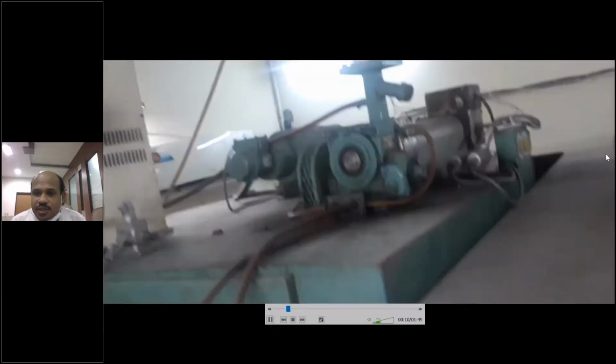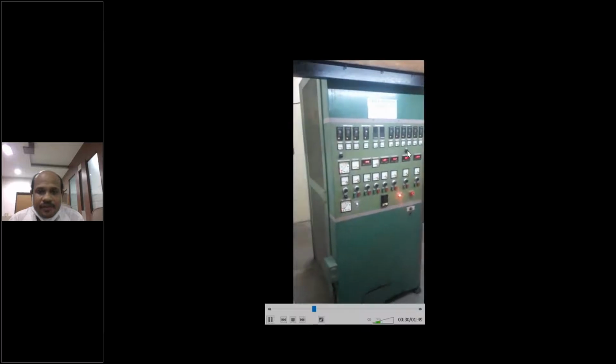This place is the extruder where the heaters are. Now this is the control panel from where we are setting the temperature of melting and spinning. Here there are different heating zones in the extruder.